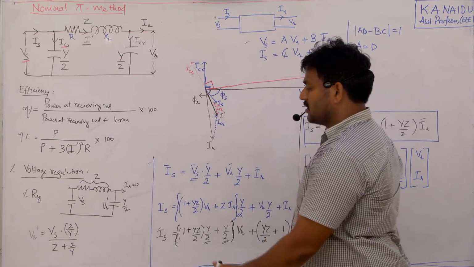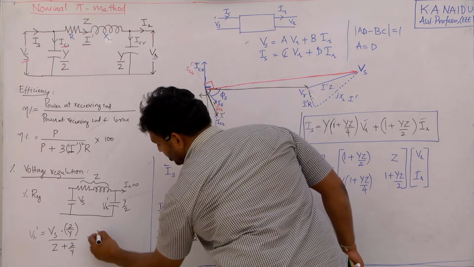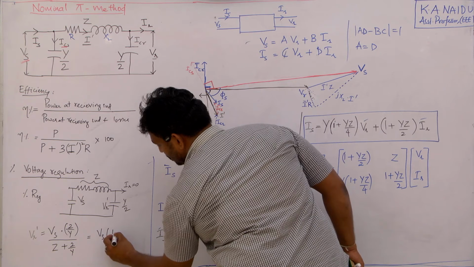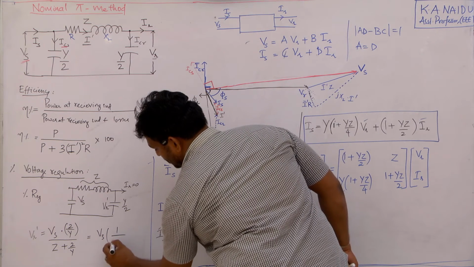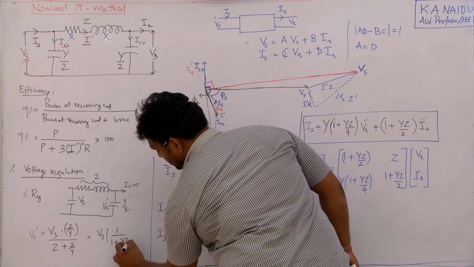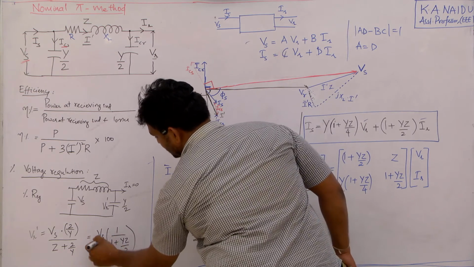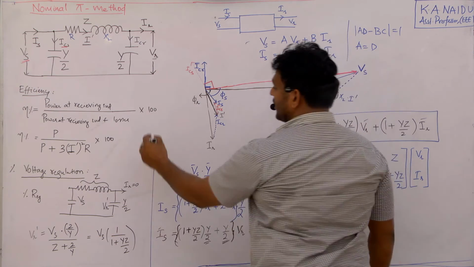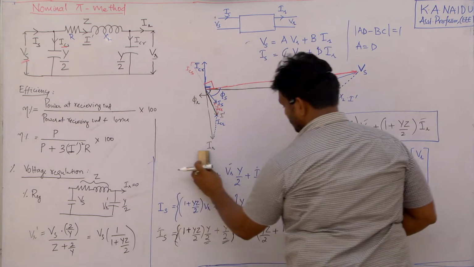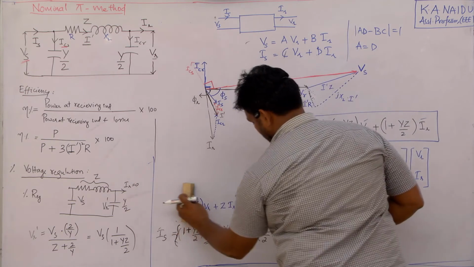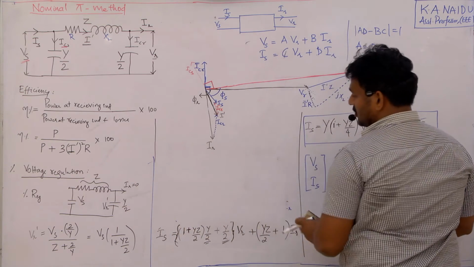Okay, so you solve it, and you will get Vs into 1 by 1 plus YZ by 2. This is VR dash. From this you can calculate the regulation.